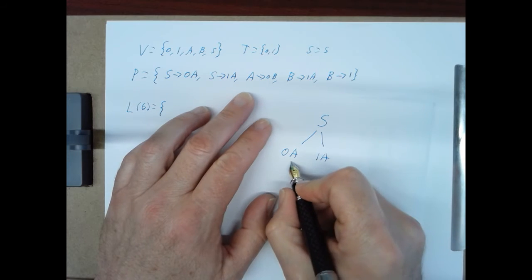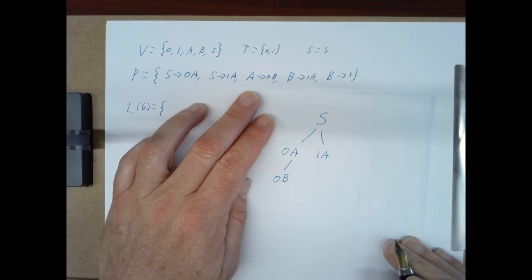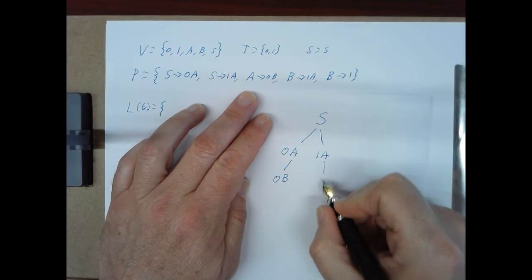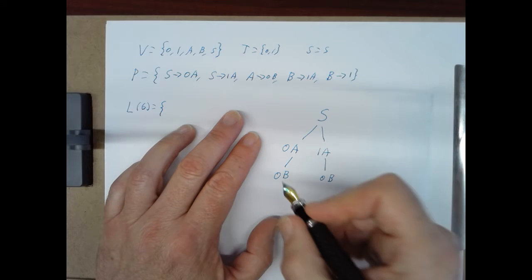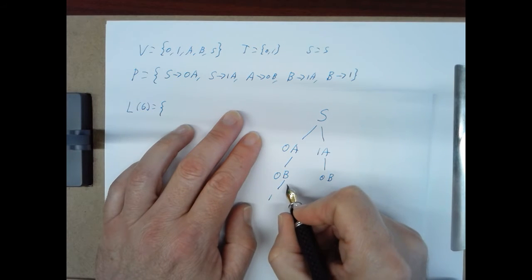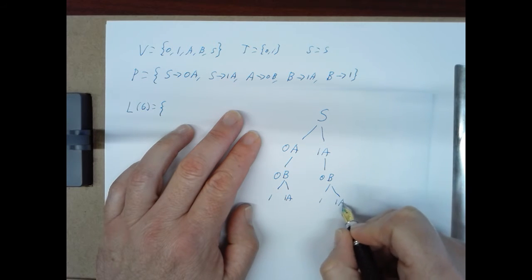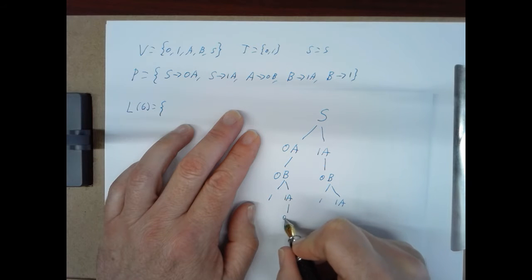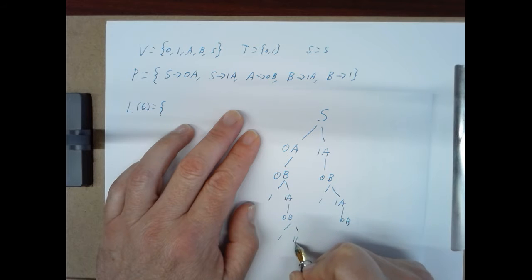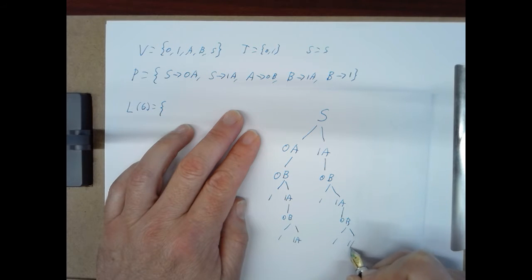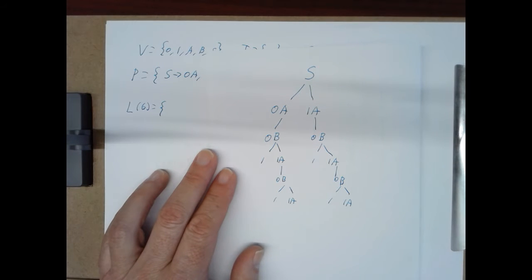A big A could be a 0 followed by a B, and that's the only thing that a big A can change into. But a B, we have two possibilities. B could be a 1, or it could be a 1 followed by an A. And an A, again, is a 0 followed by a B. And a B is a 1, or it's a 1 followed by an A. And so pretty clearly, this can go on indefinitely. We can get an infinite number of strings of any length.